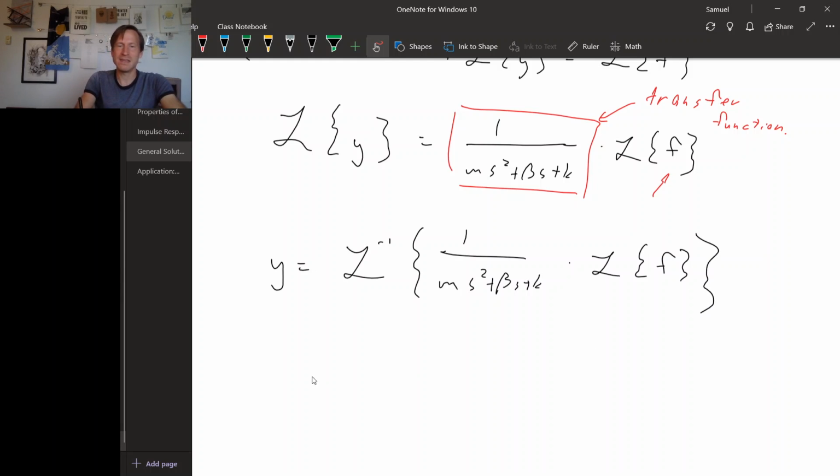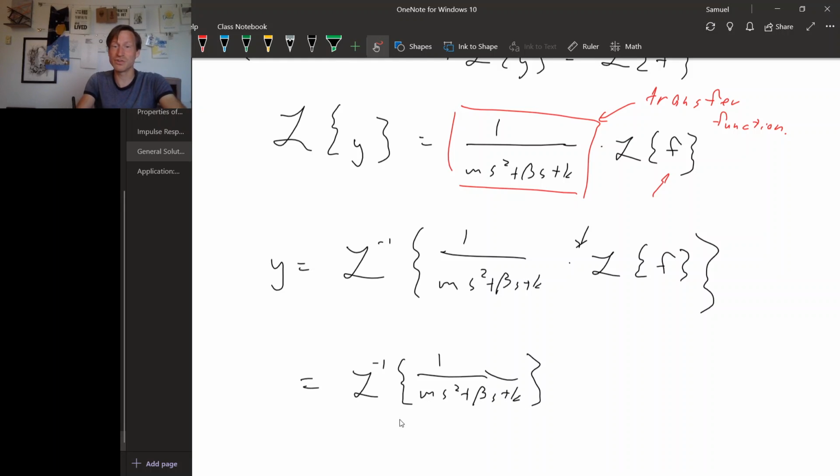But the convolution theorem says that a product in the s world is a convolution in the t world. So we get the inverse transform of 1 over ms squared plus beta s plus k.